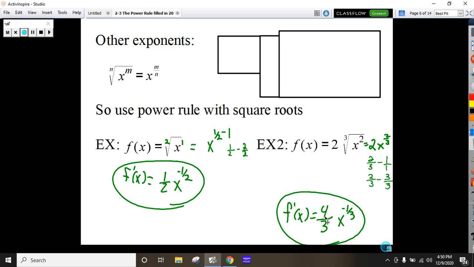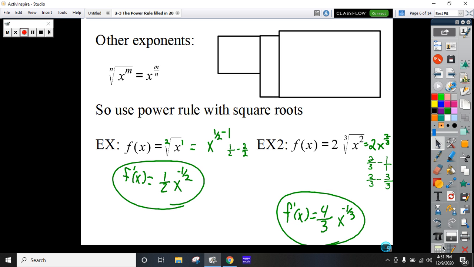Like this one, I left as 4/3. Usually I leave my fractions as improper fractions instead of mixed numbers. So if it happened to have been 5/3, leave it as 5/3. Don't change it to 1 and 2/3. Leave everything as a fraction as an exponent, and if it's improper, leave it that way.